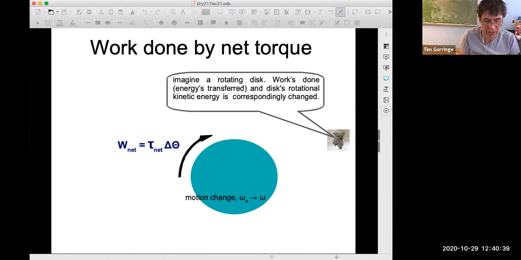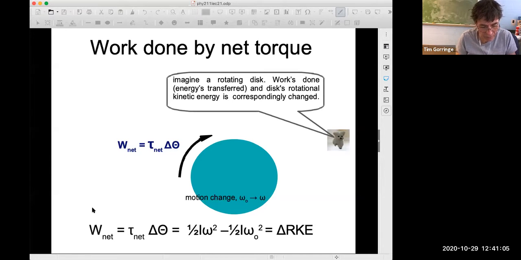And that energy that gets transferred, that work that gets done, appears as a change in the rotational kinetic energy of the rigid body. And so that's the story. It's the same story as for translational motion, the new story for rotational motion. And with that story, there's also a work-energy relation.